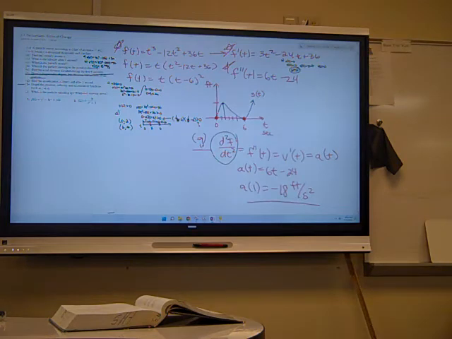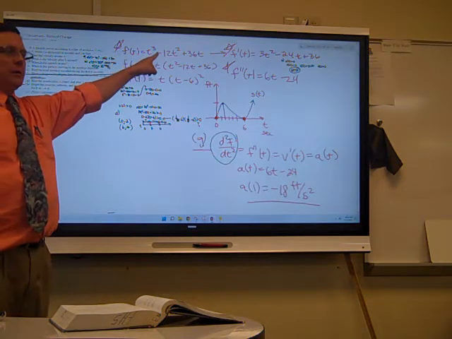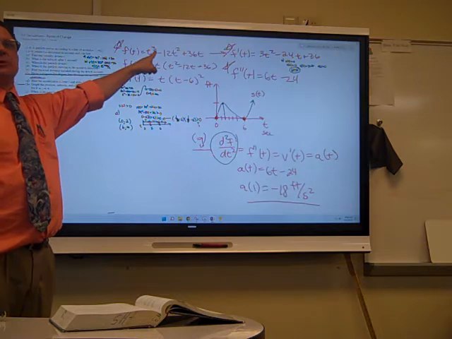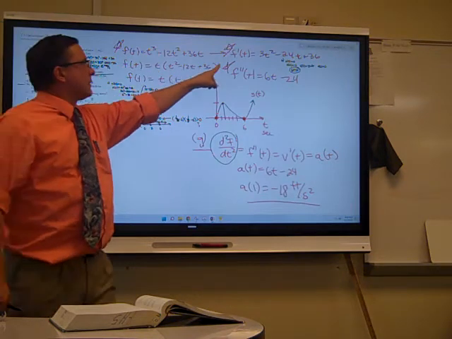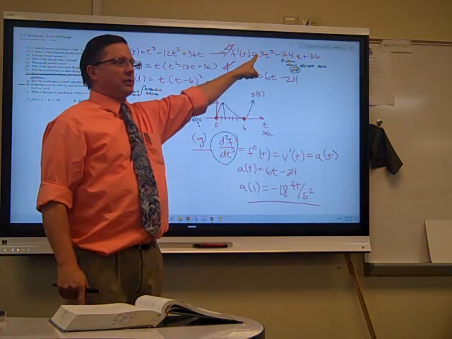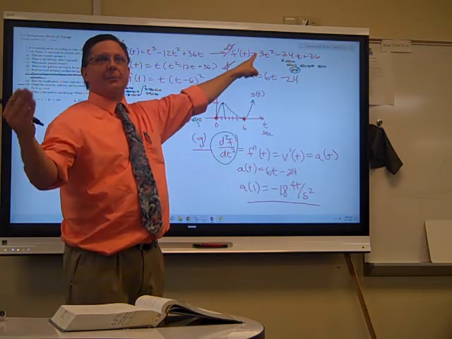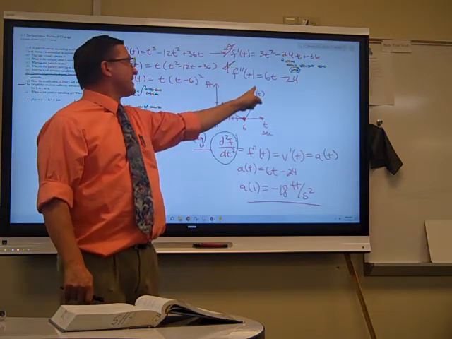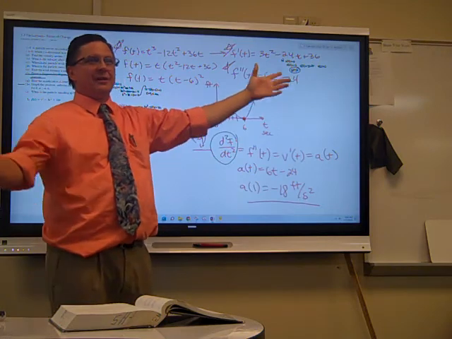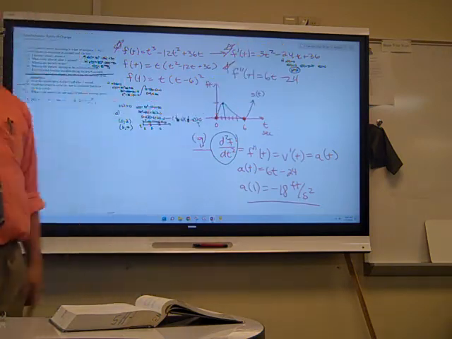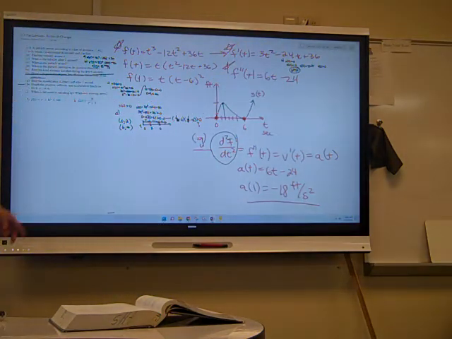Here's the cool part. We knew that the position function was cubic. What is the velocity function? It's a parabola, right? It's quadratic. What's the acceleration function? It's linear. Guys, it's just the progression of these things.